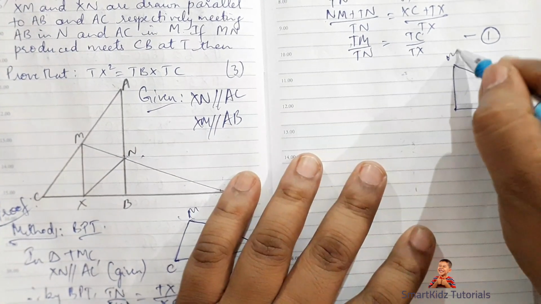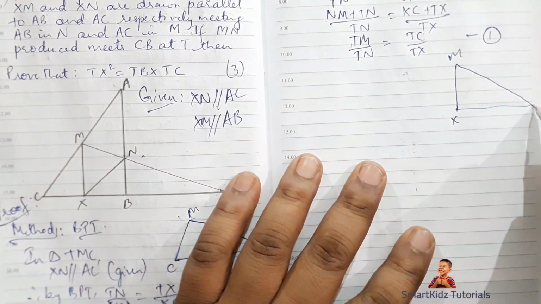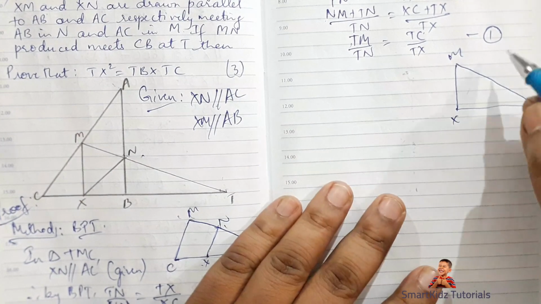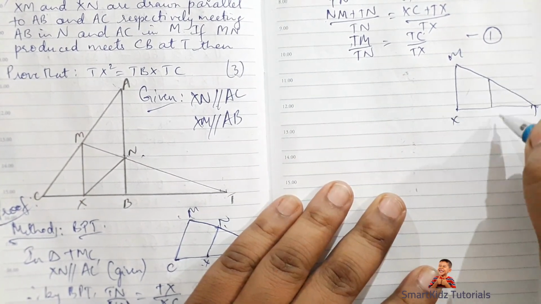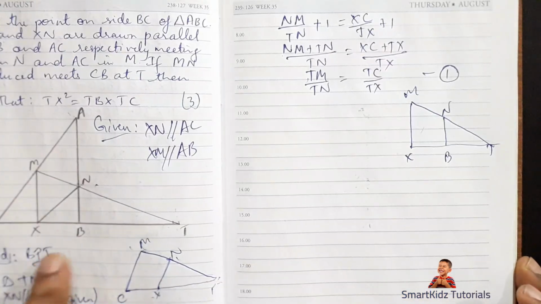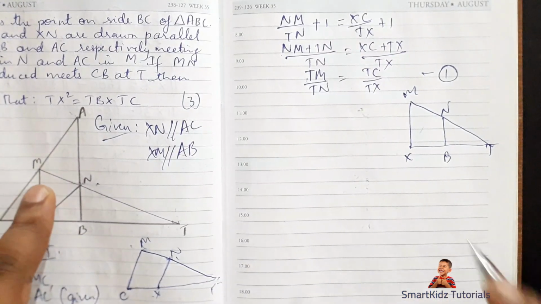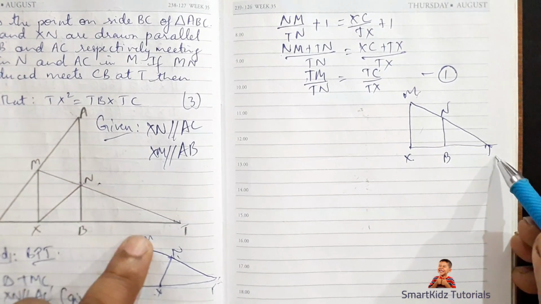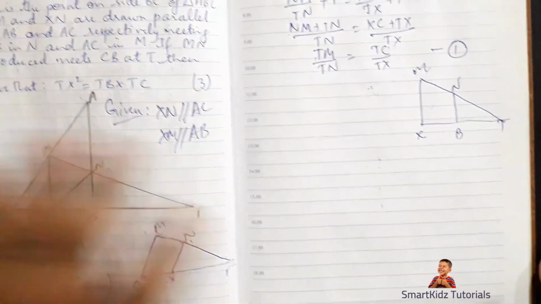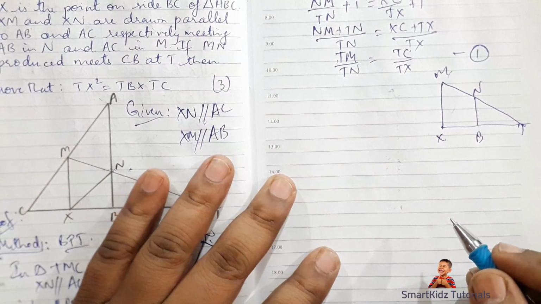So that's M, X, and this is T, and over here you have B and N. Same thing. Have a look: X and M, B and N, and T. Now it's easier to follow when we do the basic proportionality theorem.